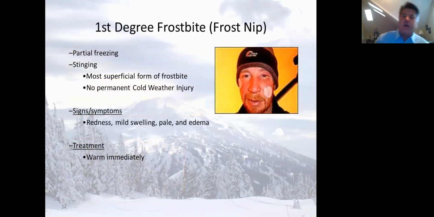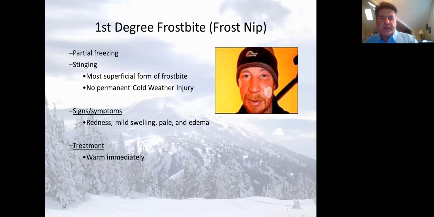Now frostbite, or frost injuries, are pretty much the same as burns: first, second, third, and fourth degree. First degree burns in heat-related injuries is a sunburn. Frost nip is a cold burn caused by the cold.